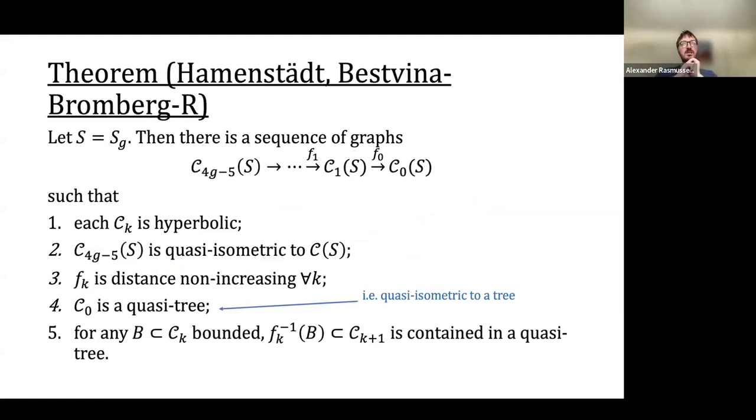Now, I think it's actually known that if you have a general Gromov hyperbolic space, then it quasi-isometrically embeds in a product of trees. I believe that's true. But doing this equivariantly is much harder. Okay. Yeah.